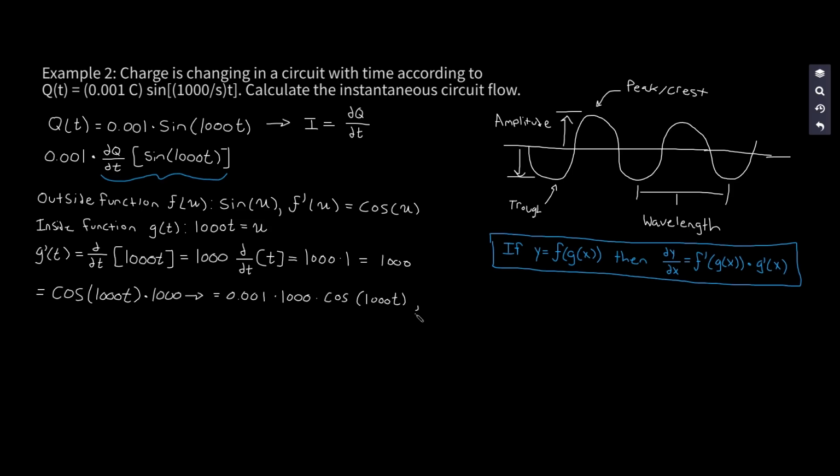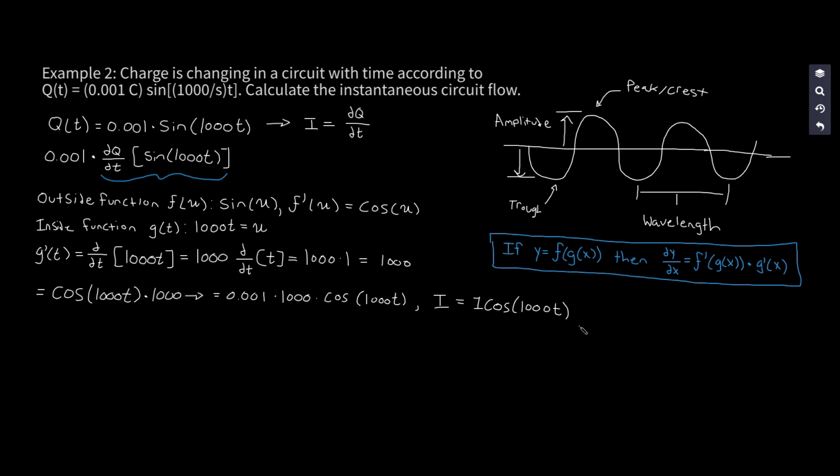One thing to note is that 0.001 times 1000 is just going to be 1. So that means the current I is going to be 1 times cosine of 1000 times t. And so that's our result. The final equation, 1 cosine of 1000 t, tells you exactly how much current is flowing at any second t.